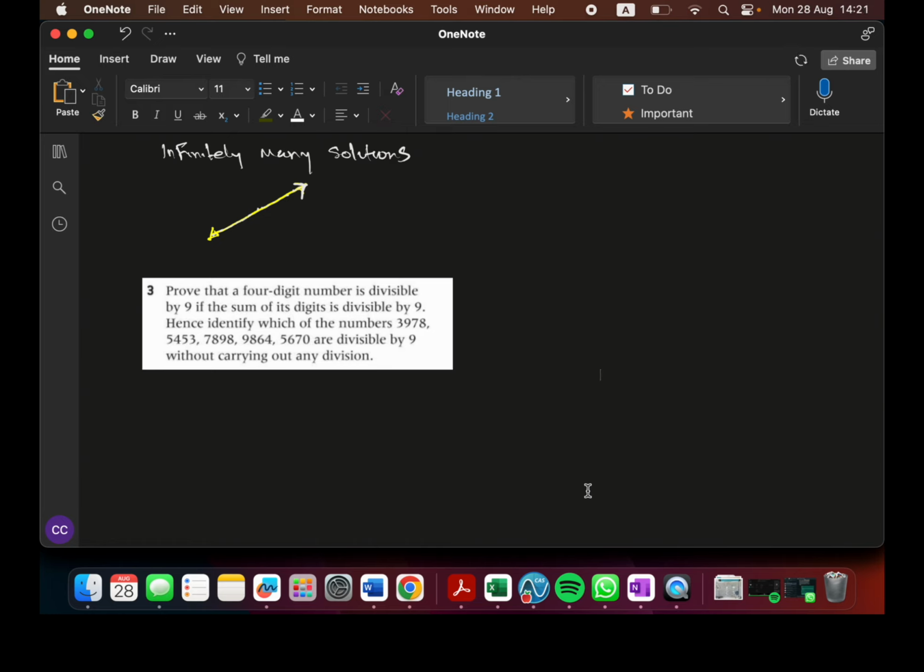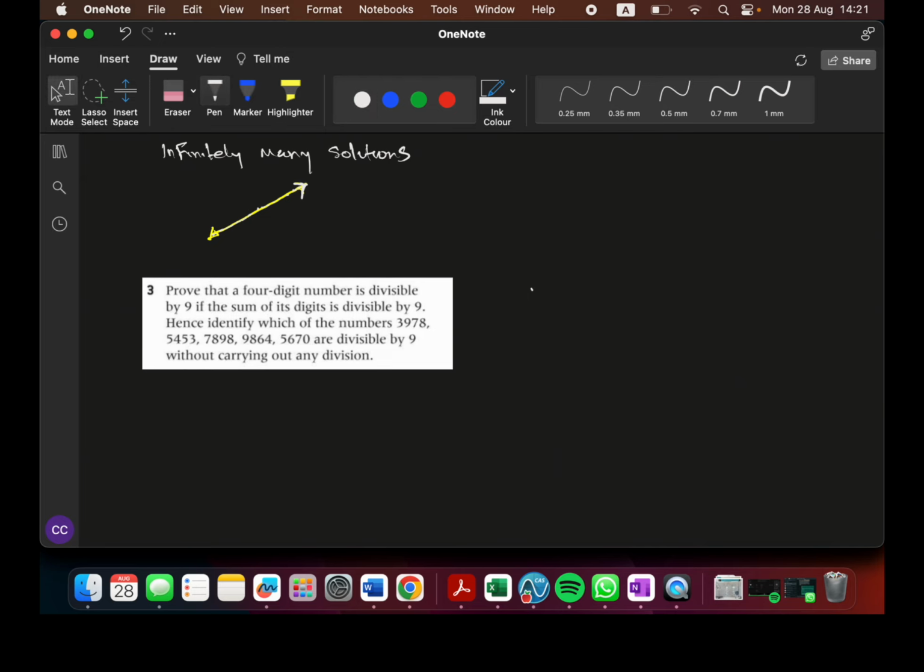All right, prove that a four-digit number is divisible by 9 if the sum of its digits is divisible by 9. So, if I have a four-digit number, it would be something like A0, A1, A2, A3.